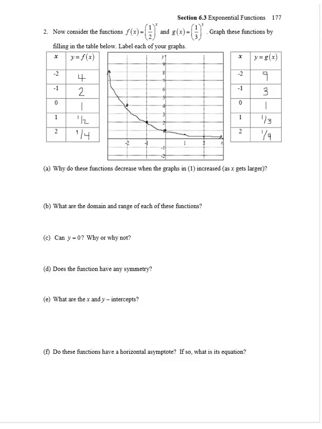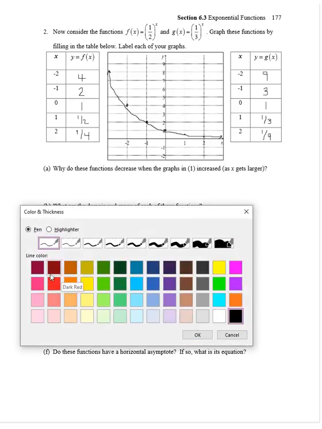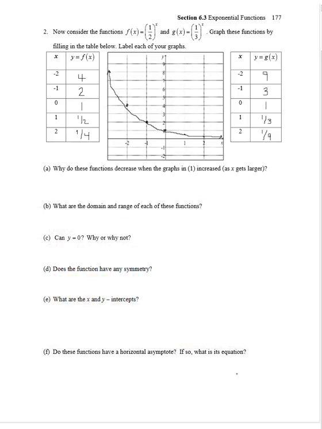So again, I'm going to change colors here. So at 2 we have a 9th, which is even below a 4th. It's hard to get in there. At 1 we have a 3rd.